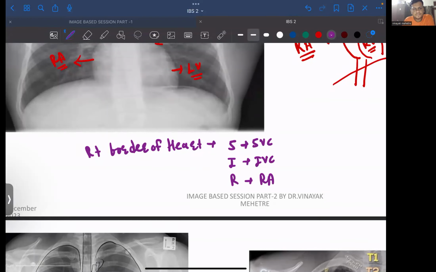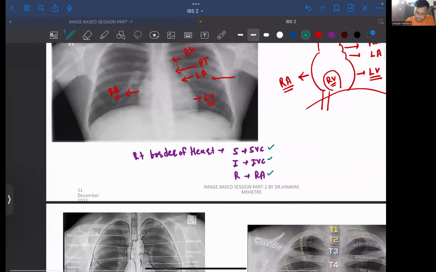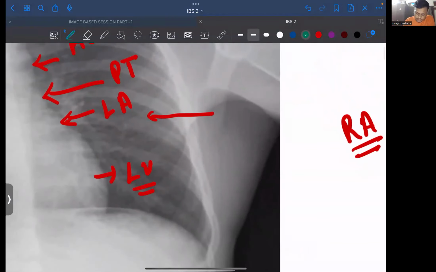How to remember the rest? Rest all will form the left ventricle. We just have to remember this. Technically it is not like that, but still you can remember it like this. When you get a question, the left border of the heart is formed by, except, the right atrium and right ventricle, right? They are not going to form the left border of the heart. That's it. Okay. So now you got the question a second time.